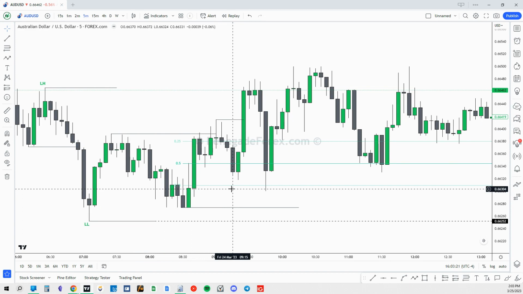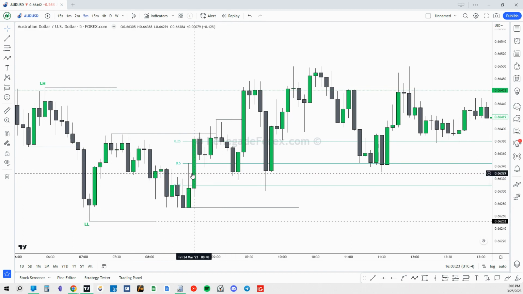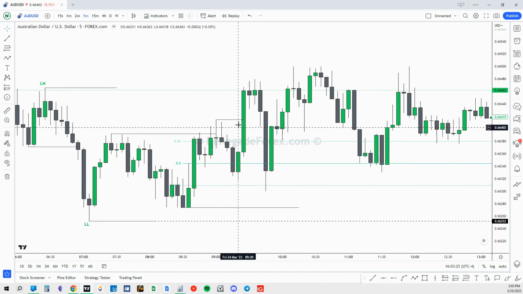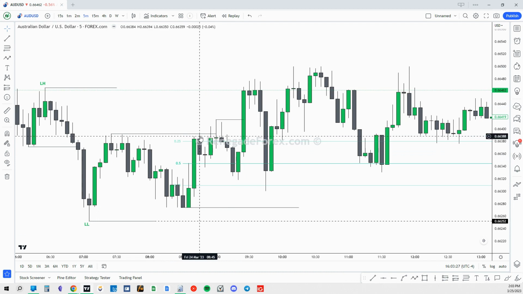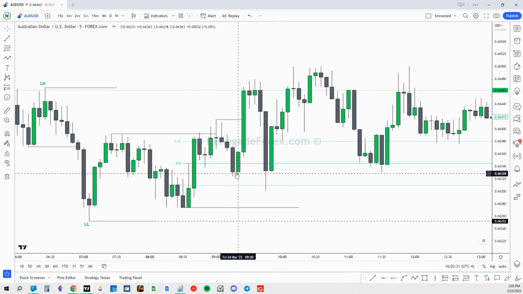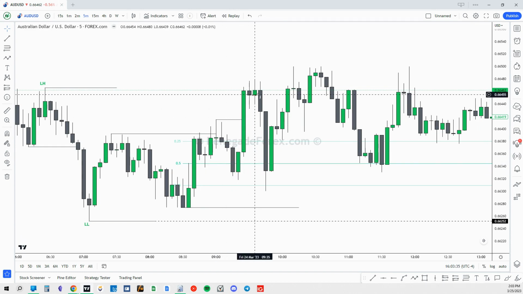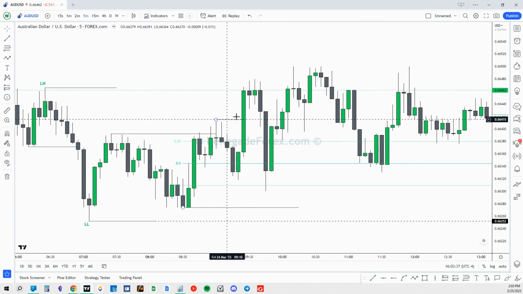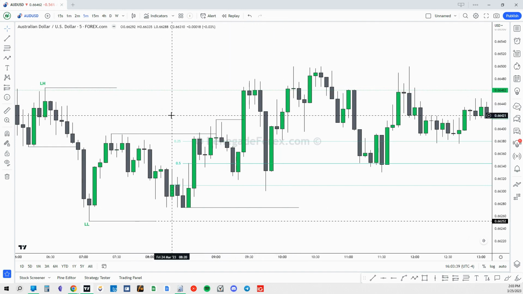We want to buy in the discount and sell in the premium, and that goes for both entering and exiting a trade. If you're looking to take a long position, you would buy in the discount of the range, and then sell in the premium or at the break of structure or along those lines, which we'll go over later on in the course.